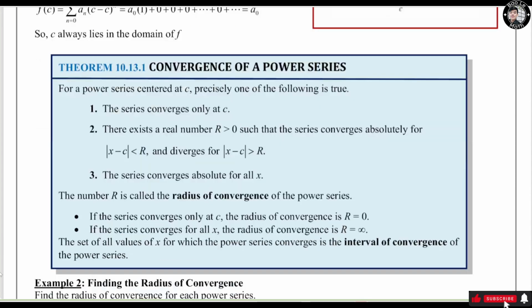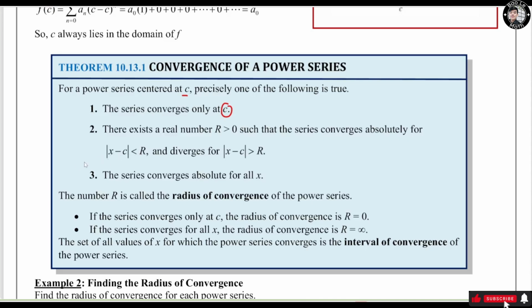Now we're going to talk about the theorem of convergence of a power series. For a power series centered at c, precisely one of the following is true. Number 1, the series converges only at the center. Number 2, there exists a real number r greater than 0 such that the series converges absolutely for the absolute value of x minus c less than r.